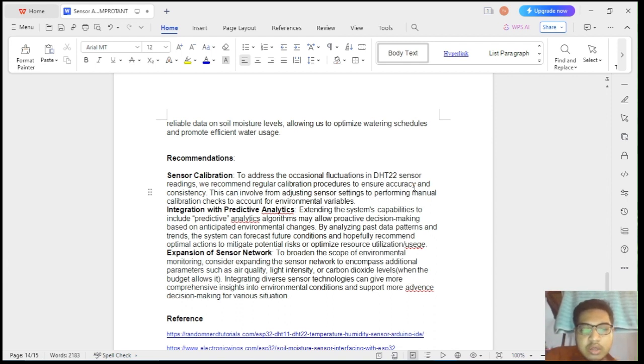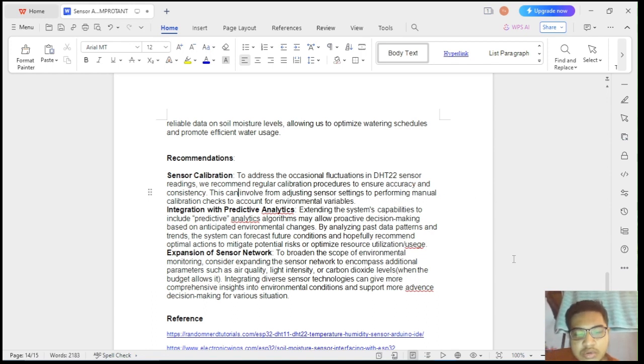Next is integrating predictive analysis. Extending the system to include predictive analysis programs may allow proactive decision making based on future changes. So basically giving an AI to predict the environment changes.